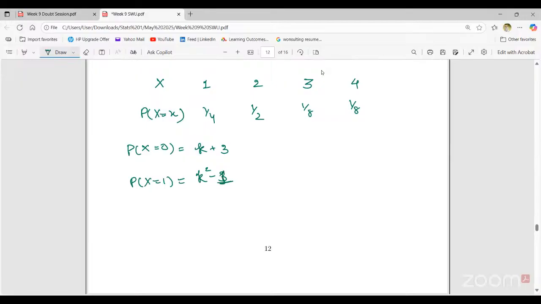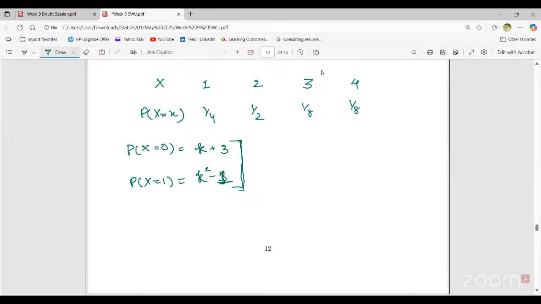For all the other cases, it's 0. It's being asked to find the value of K, and also to comment on the value of K. It's not a question from this degree actually, but it's related to PMF. This is the whole question. You have to find out the value of K.